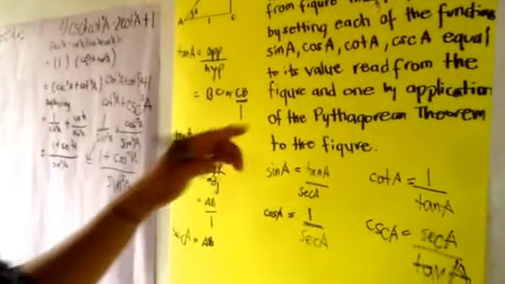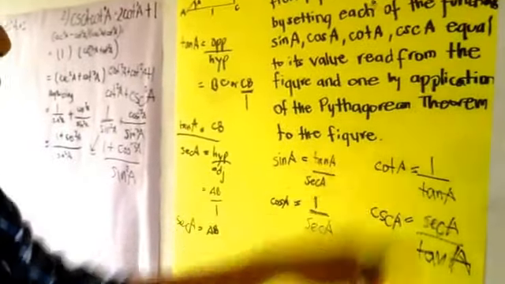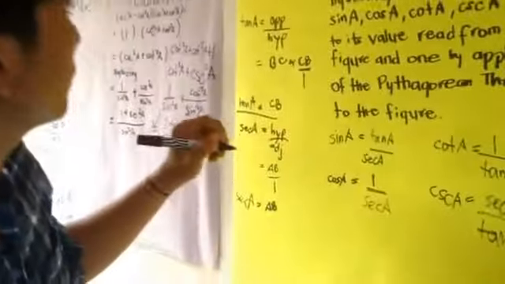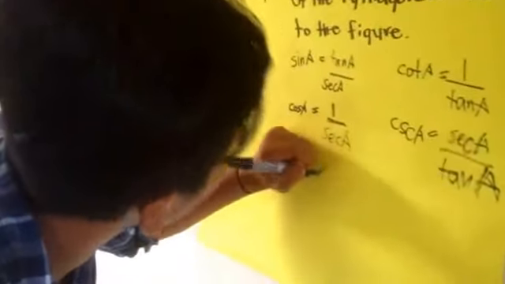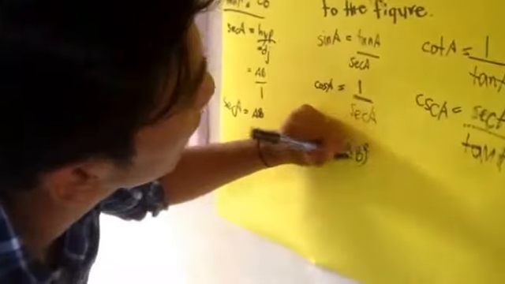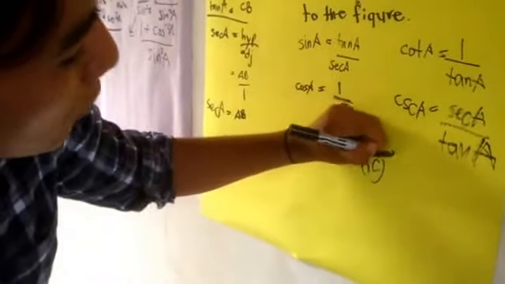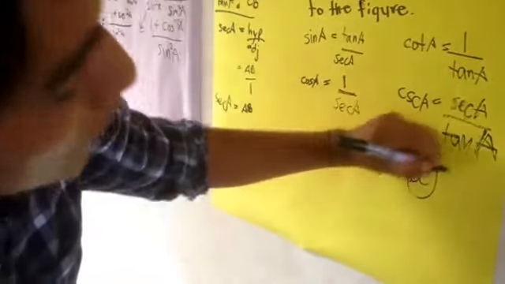And then 1 by application of the Pythagorean theorem. So we know that the Pythagorean theorem is AB squared is equal to AC squared plus BC squared.